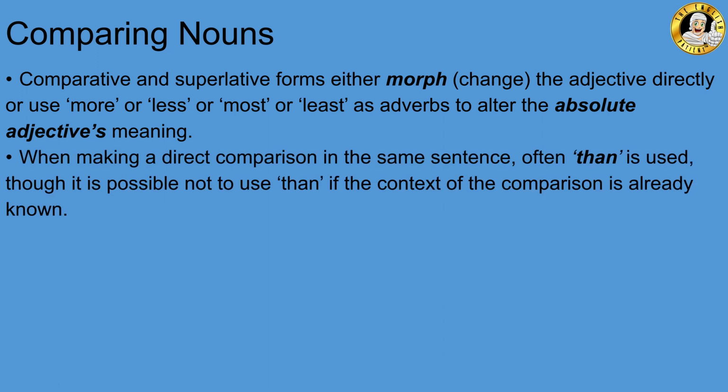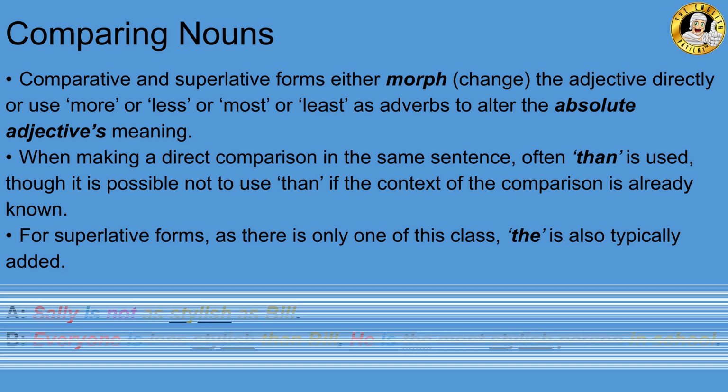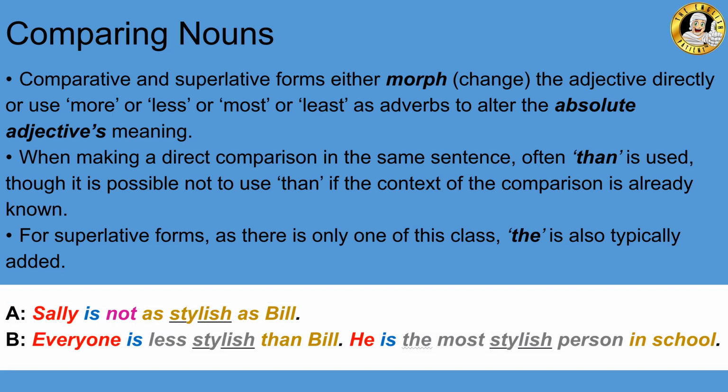Now, when making a direct comparison in the same sentence, often than is used, though it is possible not to use than if the context of the comparison is already known. For superlative forms, there is only one of this class. There is only one. And when there is only one, then we know which one. So in this case, we use the before superlative forms in most cases.